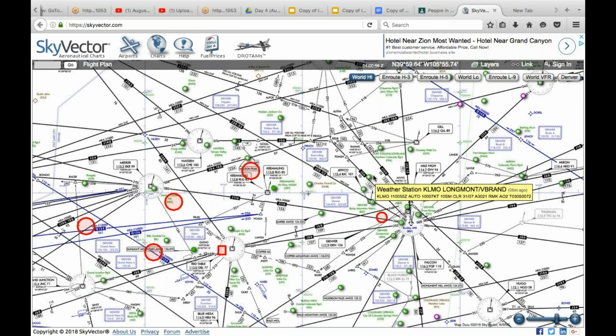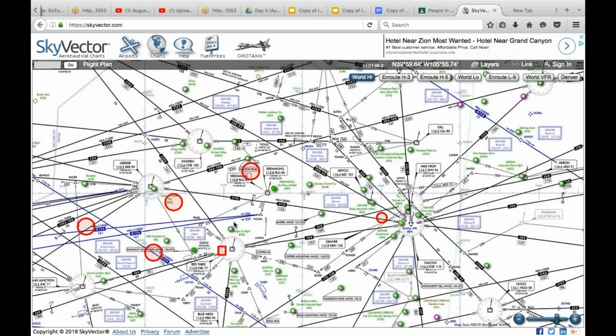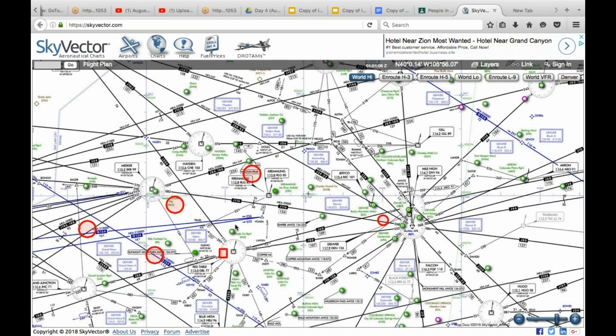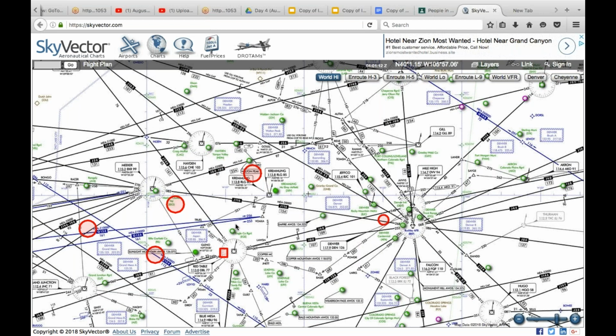Typically our aircraft are limited by performance long before they're limited by something en route. There's so many VORs around here. Maybe up in North Dakota or something.